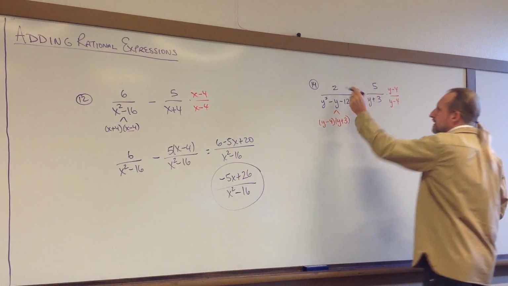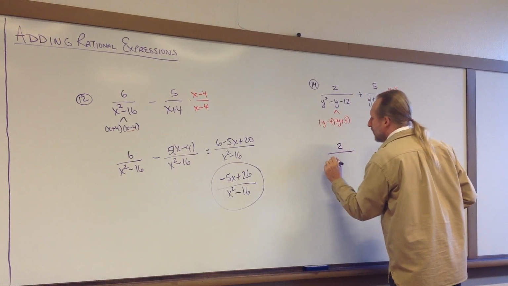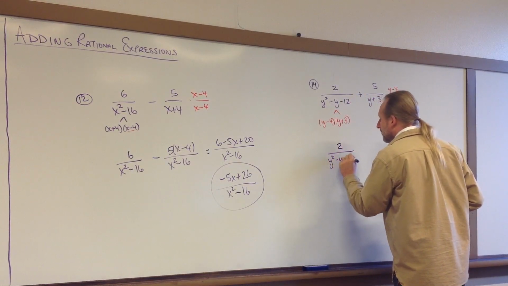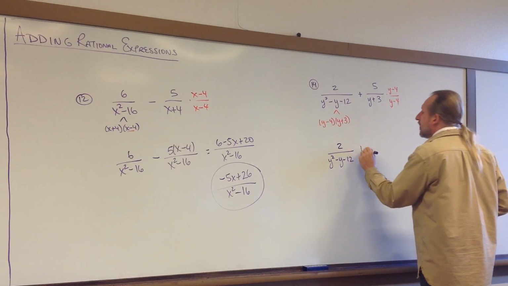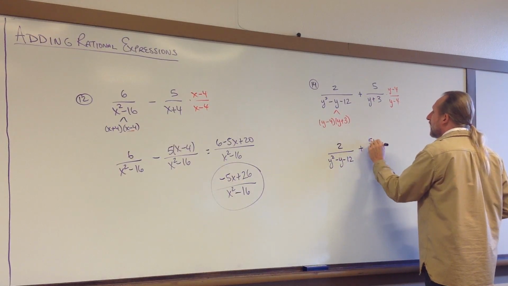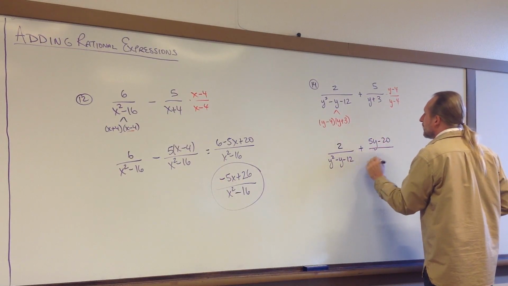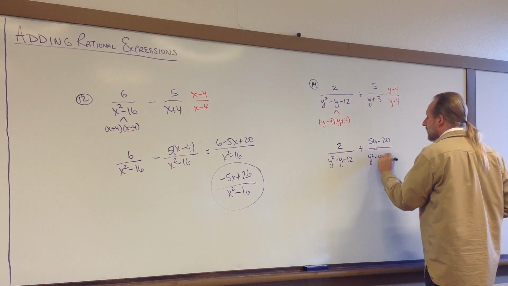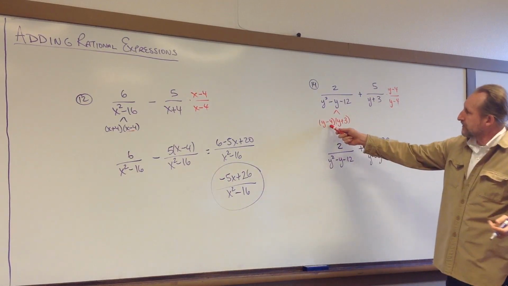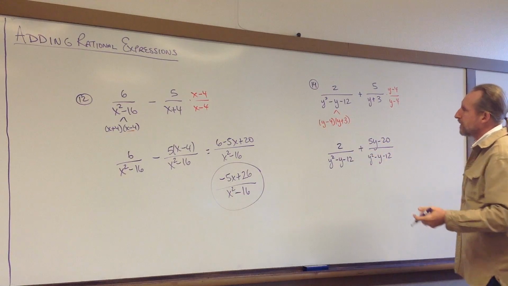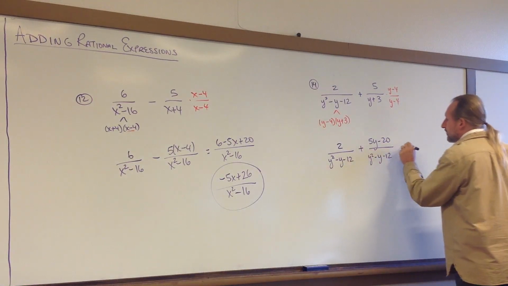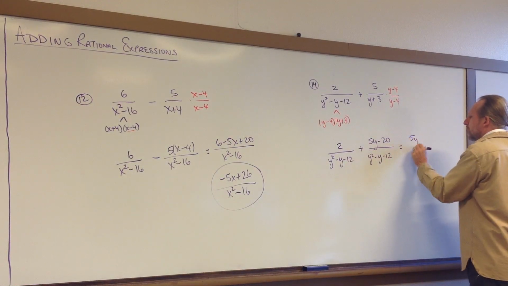Okay, so now this one stays the same, 2 over y squared minus y minus 12 plus 5y minus 20 over y squared minus y minus 12. You can write your denominator like this if you want to, y minus 4 times y plus 3. It's the same thing. So the 5y stays the same.